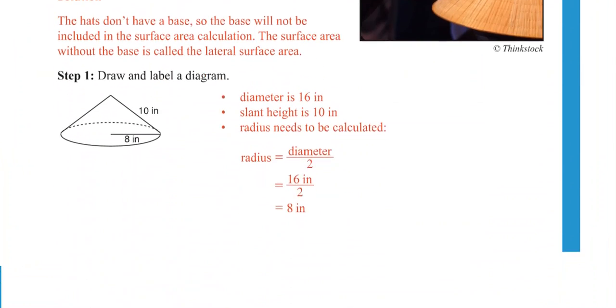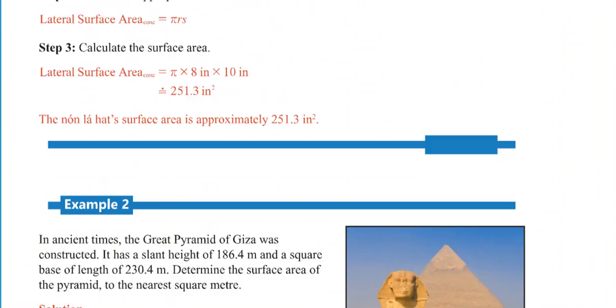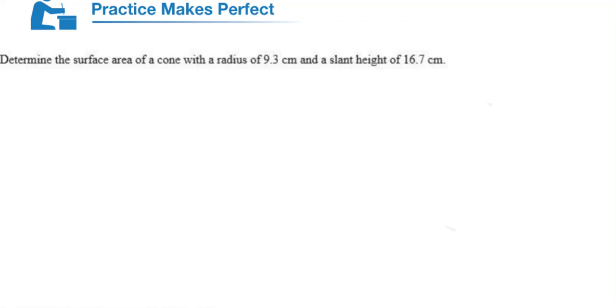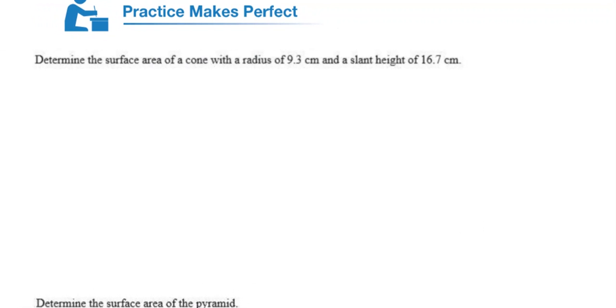All right, so again, there are some examples, but let's do our own here. It says determine the surface area of a cone with a radius of 9.3 centimeters and the slant height of 16.7 centimeters. Let's draw a cone just to get our bearings here again.